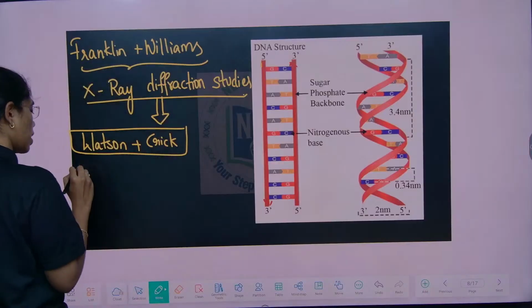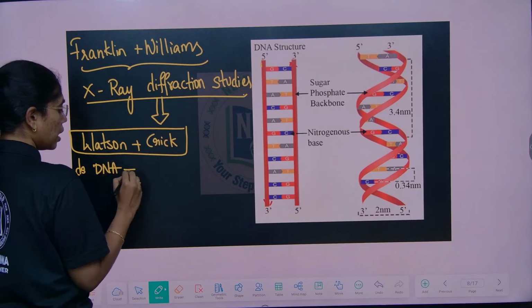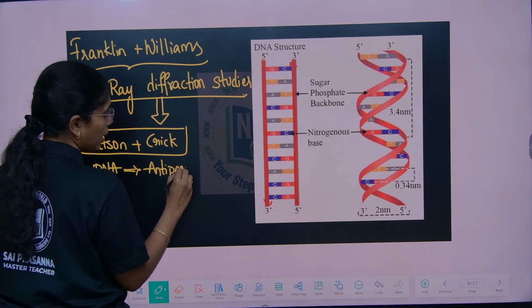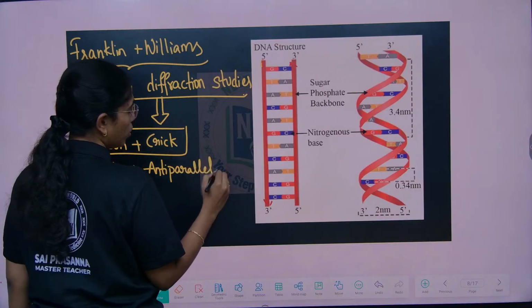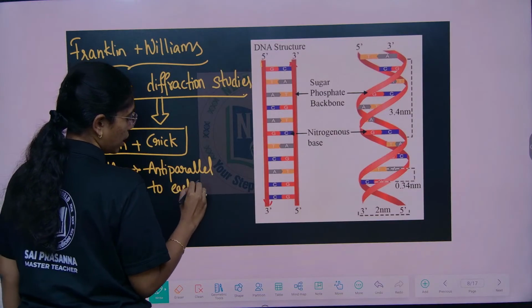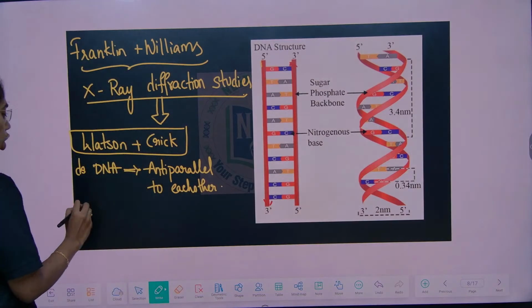So, the double stranded DNA is anti-parallel to each other. Second point is complementarity.